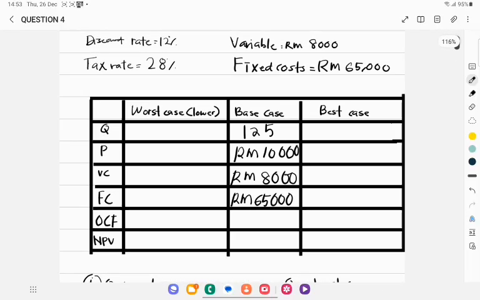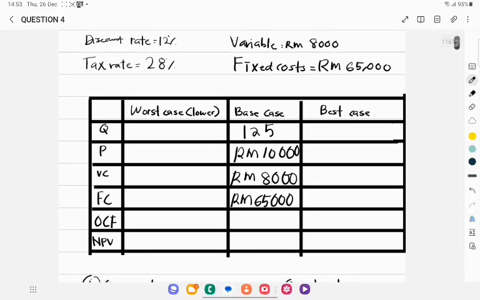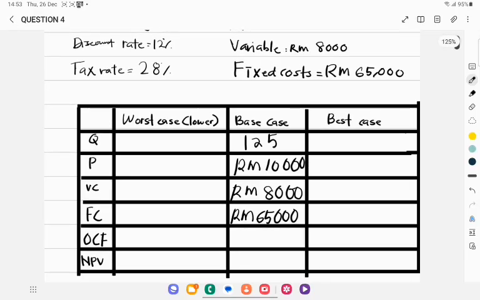So we are going to fill in the table with the answers. For the quantity, we got 112.5, and the price is 9,000 ringgit, the variable cost 7,200, the fixed cost 58,500.